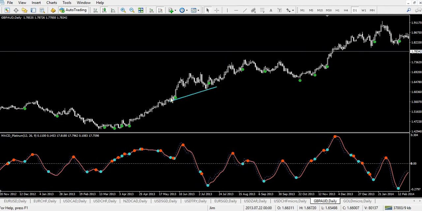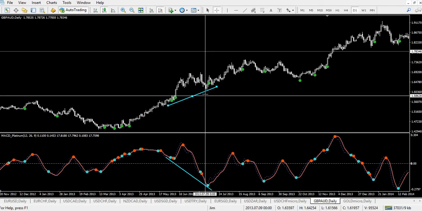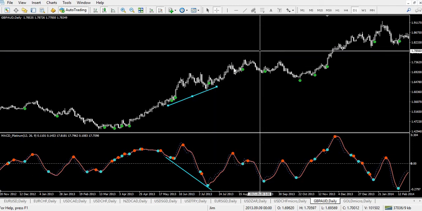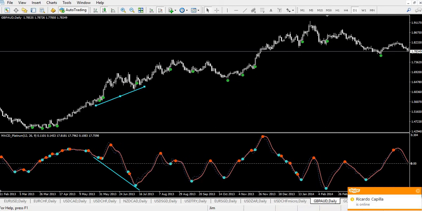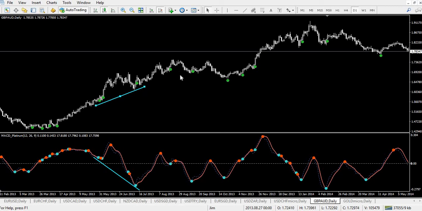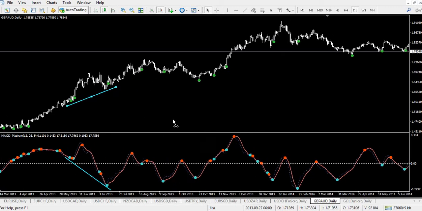Price is heading up, higher lows. You can see, just price is heading up, it's obvious. And MACD is heading down. Big divergence, take the buy, stop under here, keeps on going up. Price is up, MACD's down. That's what we're looking for.